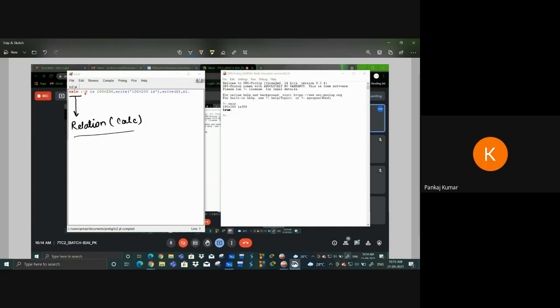Then I have to define one variable X. This is the variable, and I'm writing is. Now this relation, or you can define calculate, is, then you have to perform. So I'm writing the is operator. We already discussed the meaning of the is operator, so that's why it is very important.